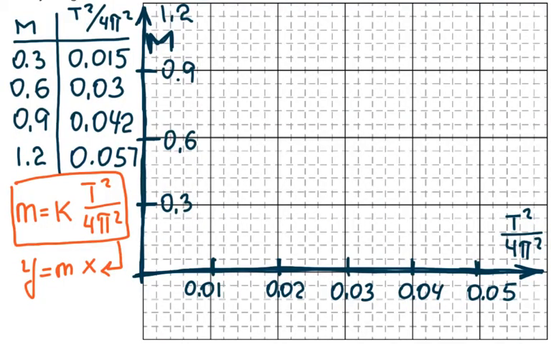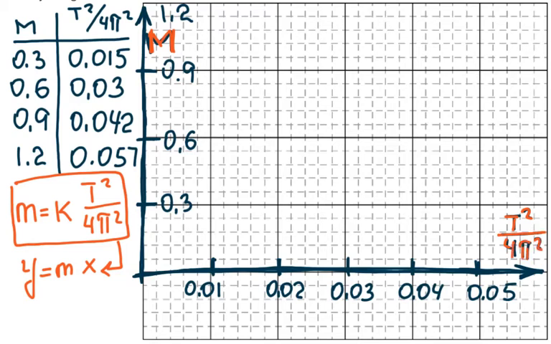So I moved the table, the calculations, and the formula down here. Always when you do graphs, make sure you label your axes. My vertical axis is m, and my horizontal axis is T squared over 4 pi squared.